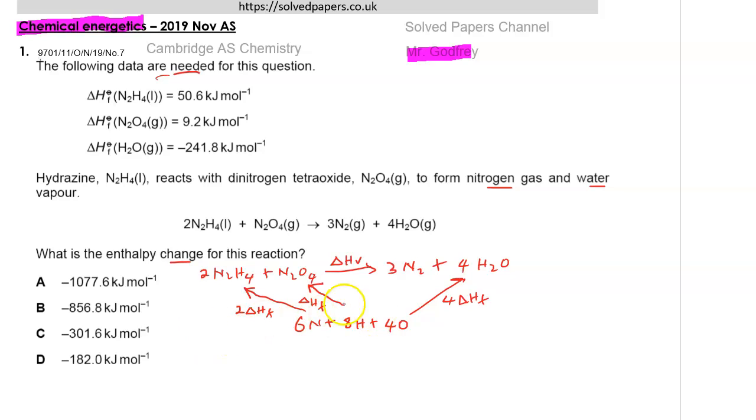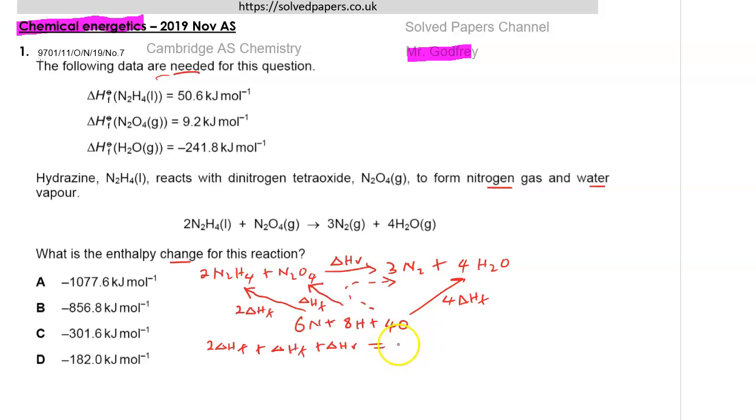So according to Hess's law, you can move in that direction. When you move in this direction, you'll be able to get here. So here you'll have 2 times the enthalpy of formation of hydrazine, plus the enthalpy of formation of dinitrogen tetroxide, plus the enthalpy change of reaction, which is this one.